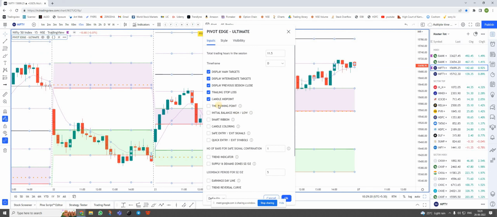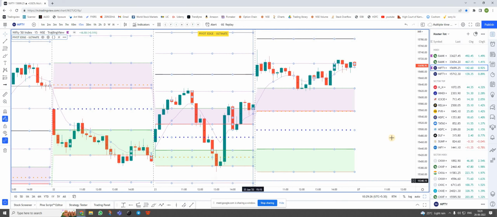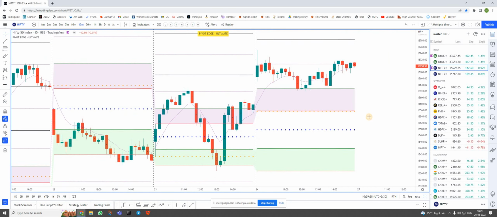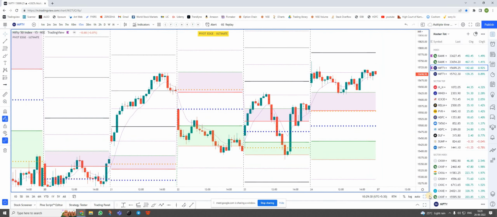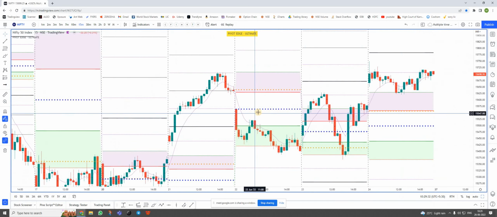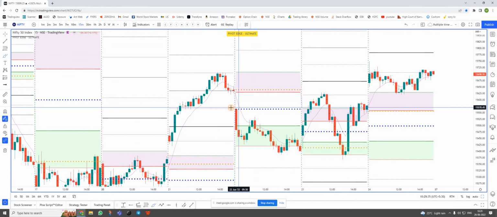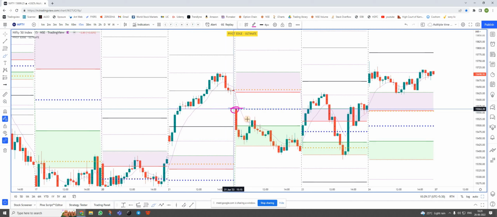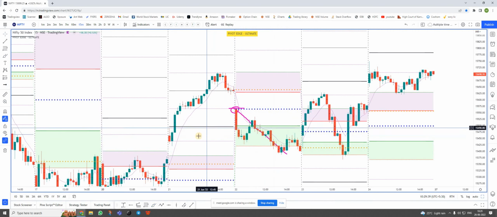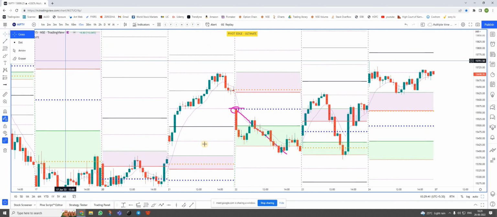I am continuing this. Next is the turning point. As the name suggests, the price tends to turn around whenever it touches this point. See here, price will be pushed away whenever it comes in contact with this particular line.